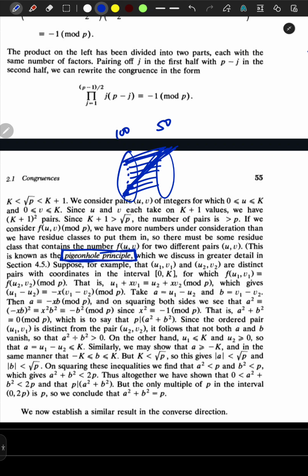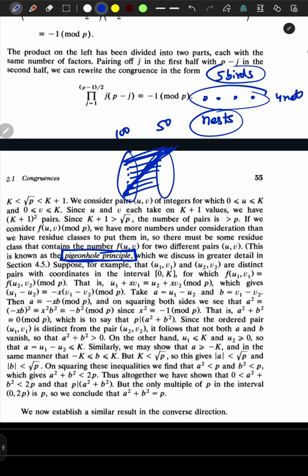The pigeonhole principle says that, let's say, we have 4 nets, where in a net a bird will be kept. I am having 4 nets and 5 birds. I want to keep all 5 birds in the 4 nets. Is it possible?